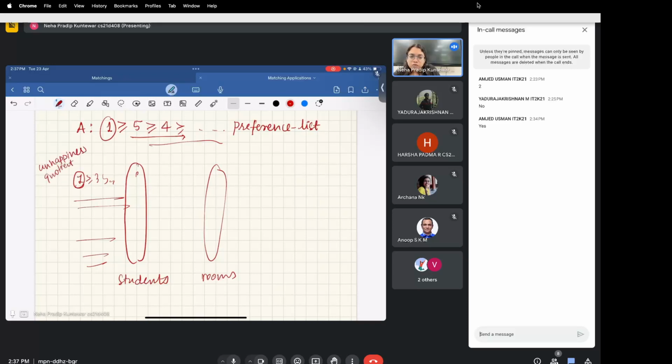If he gets the most preferred room, let's say the unhappiness is 0. If he gets the second preferred room, then it's 1, and so on. So you have some weights assigned to it.